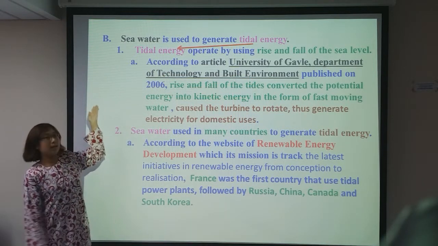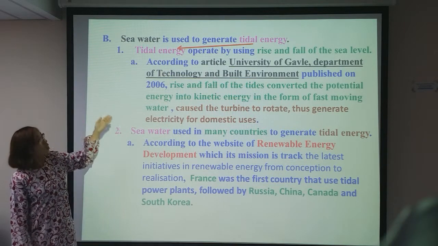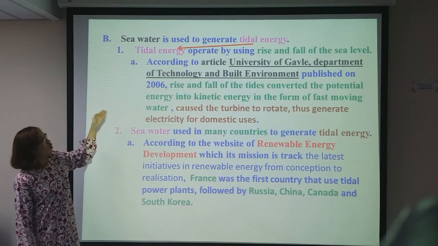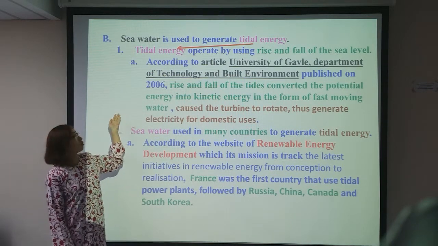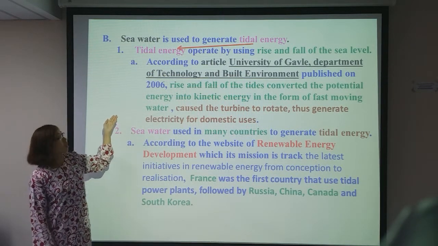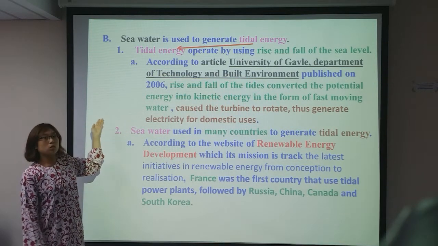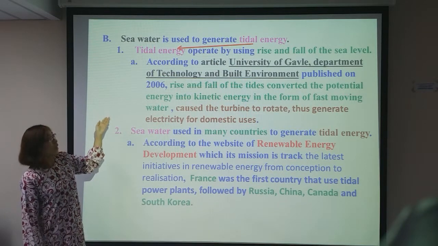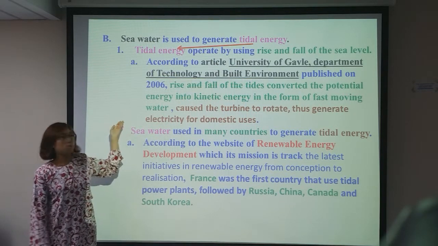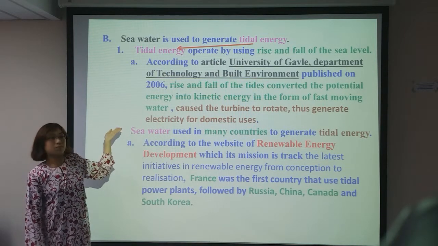The numbering A shows that we provided an article published by a university to show how the rise and fall of the tides can convert potential energy to kinetic energy, which causes the turbine to rotate and thus generate electricity.